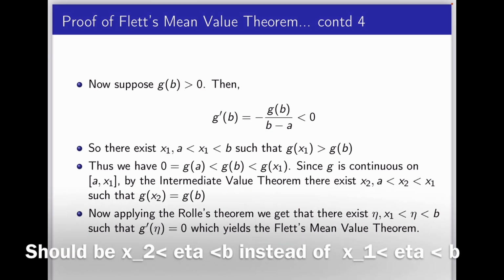Thus we have 0, which is equal to g(a), is less than g(b) because g(b) is greater than 0, and that is less than g(x1).